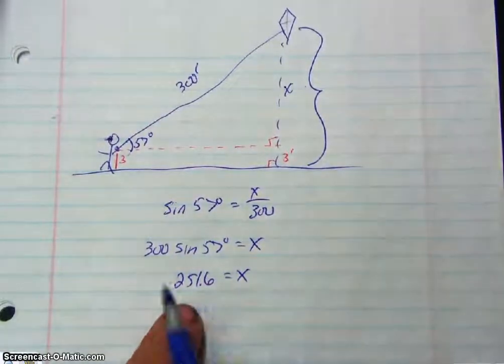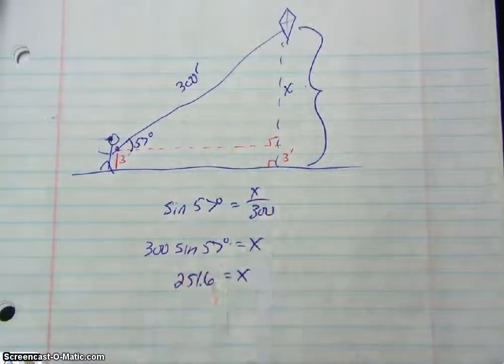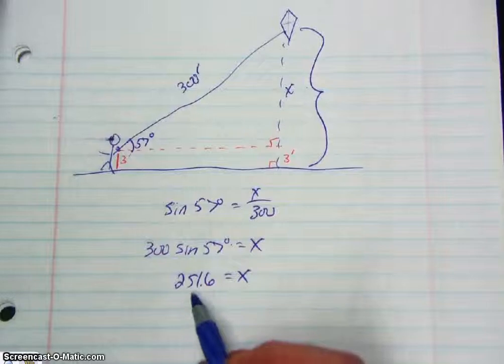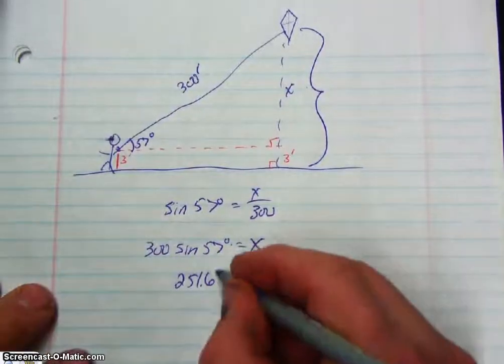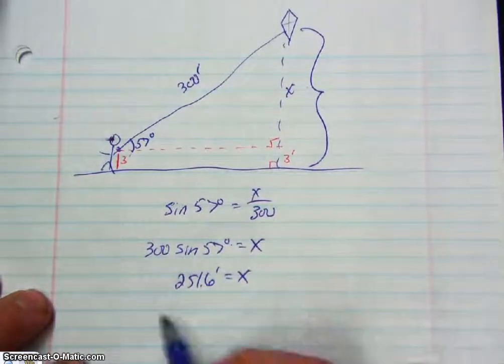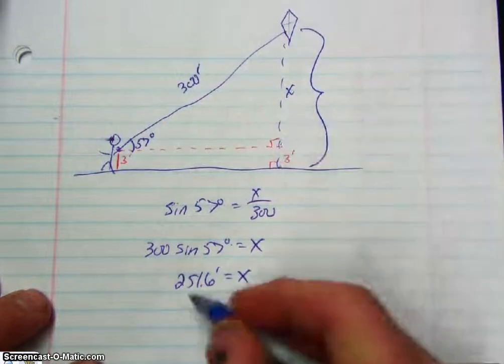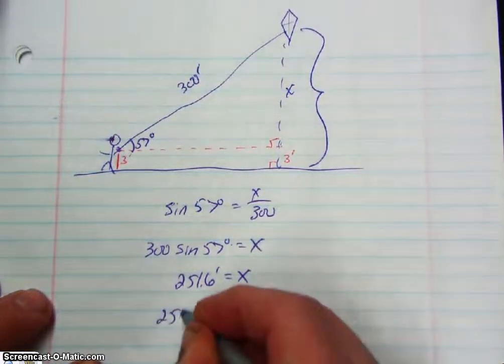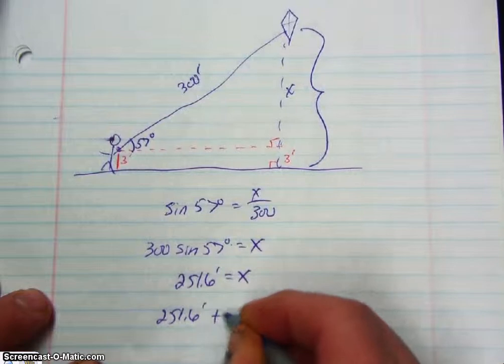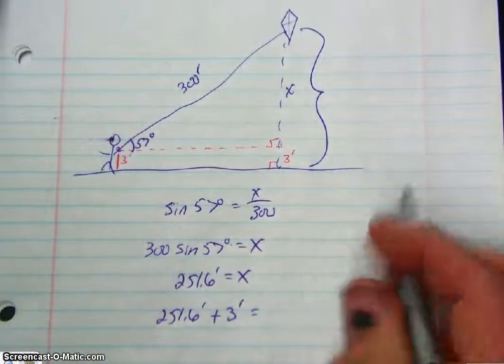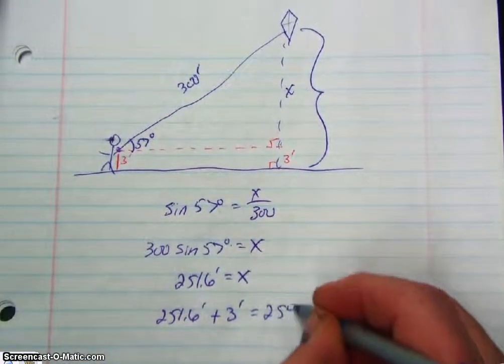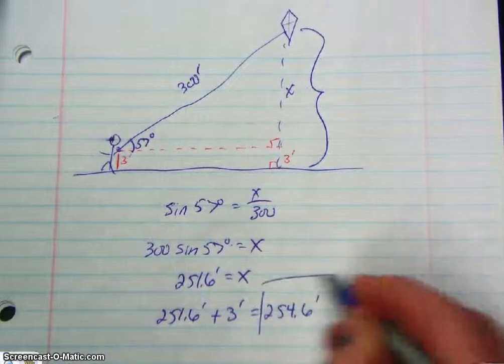Now remember, make sure your calculator is in degree mode when you're doing this. So it's 251.6 feet. That's how high it is from here to here, but I want from the ground, so I have to add 3 more feet. 251.6 feet plus 3 feet gives me a total of 254.6 feet. That will be your answer.